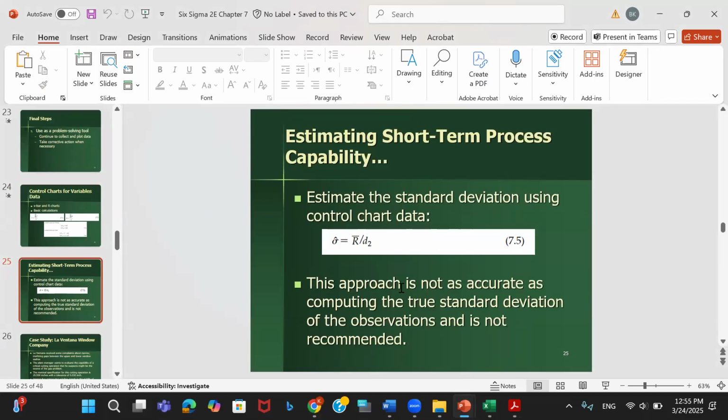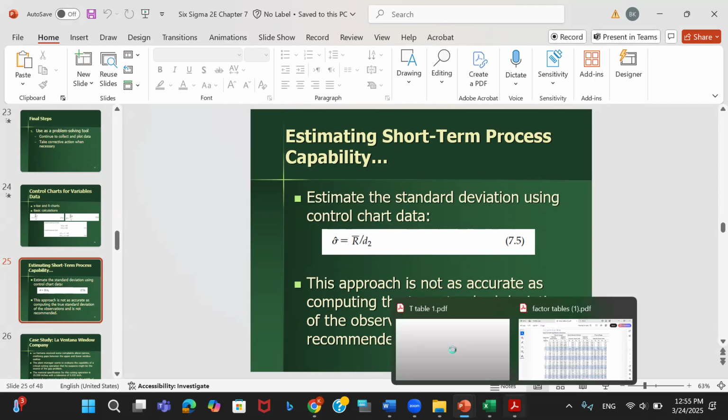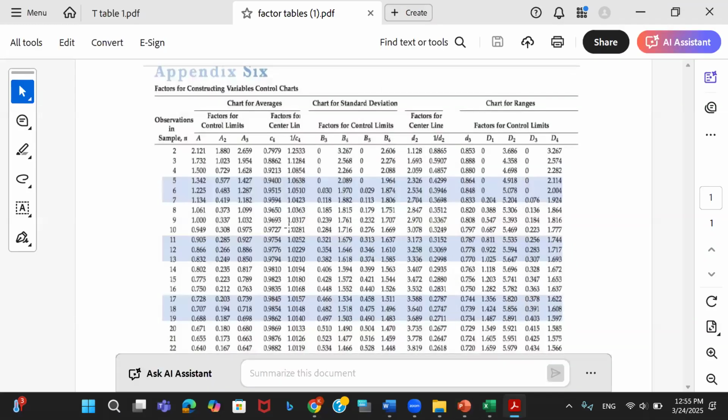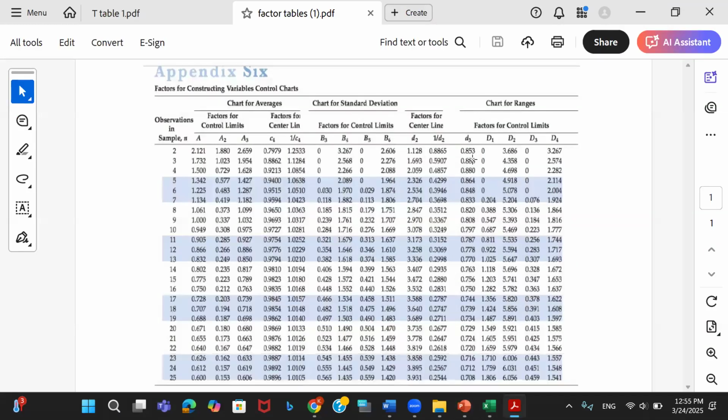Okay. Sometimes you need to find the standard deviation, or what we call the estimated standard deviation. We find it by dividing the average range, R bar, by D2. D2 is also a number from the factor table, based on the sample size.